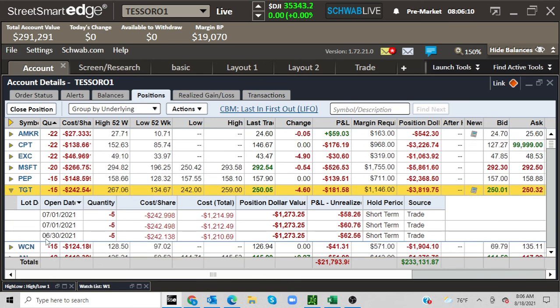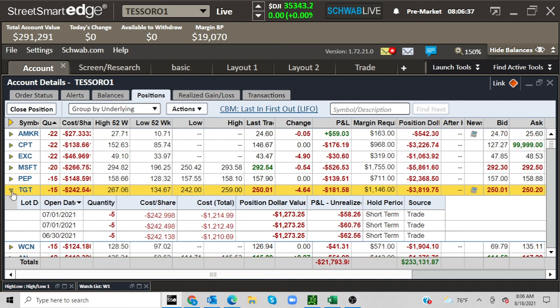I bought these, the first one started back on June 30th. See it? So yes, it'll give me an opportunity to get rid of it. I've got a $180 loss on it, but again, with this down day for the market for Target, I'll probably gain 60 of it back, but I still have to hold on for it to go down further.